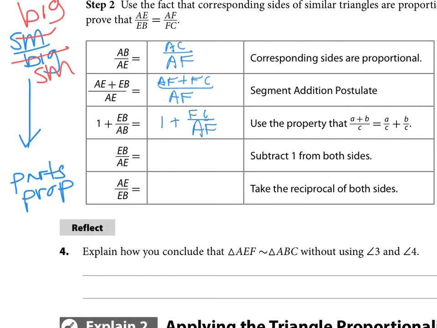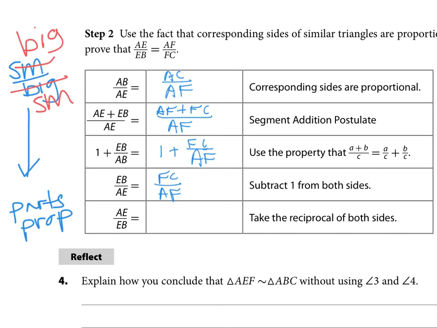The next step, they tell us to subtract 1 from both sides, and so we are simply left with FC to AF. And then to get back to what it is we're being asked to prove up here, notice we have the proportion, it's just flipped.